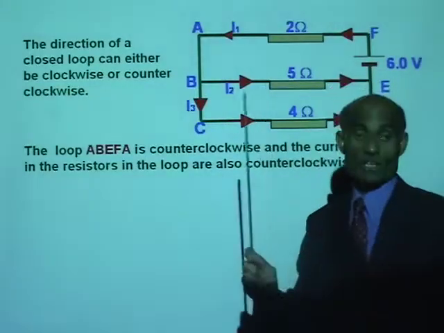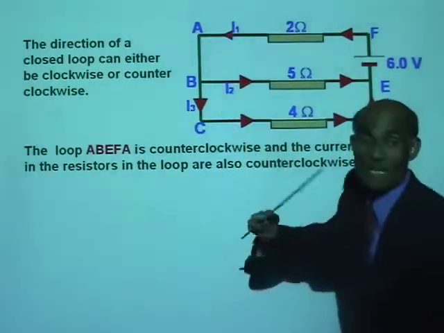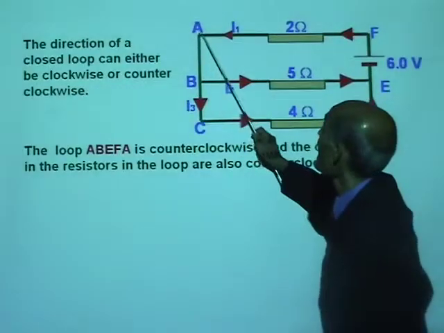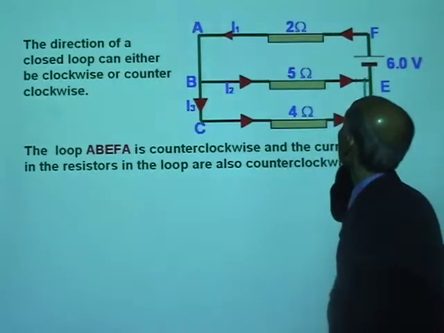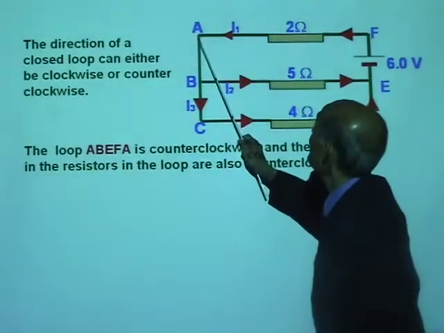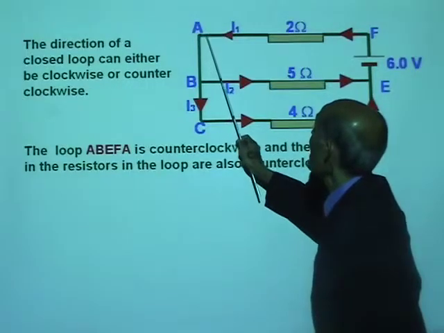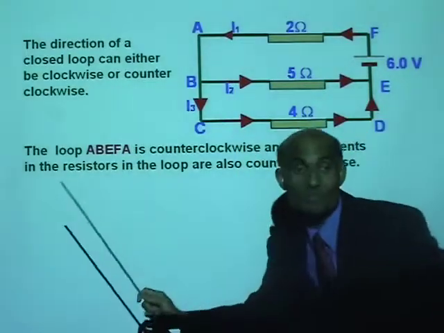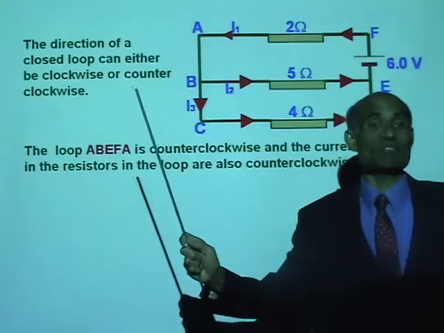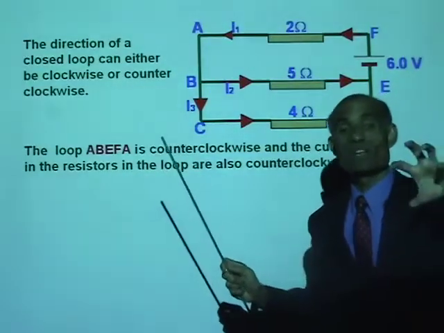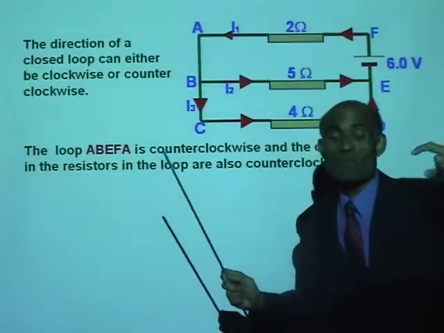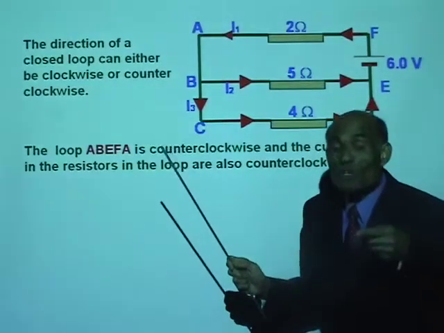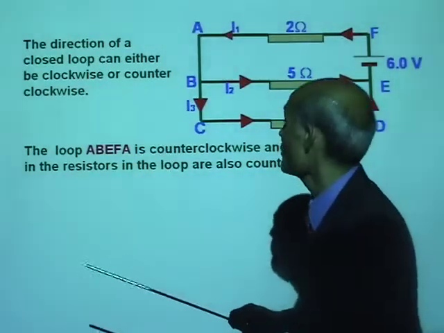But if you trace out the loop in a clockwise way, A, F, E, B, A, it means the current is now opposite to the direction in which I trace. So the direction of the current and the direction of the loop, you need to clearly understand what that means.